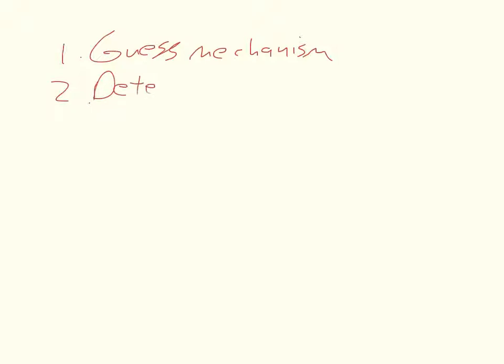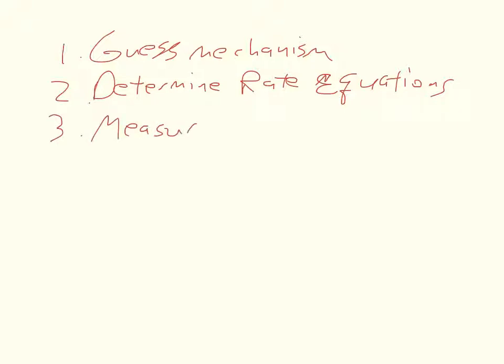And so a very simple way to test a mechanism, and let me just write this out here, is to guess a mechanism. So let's guess a mechanism for a reaction that we're interested in. Determine rate equations. So all this we've already done. Similar work, determine rate equations from that mechanism. Then after we have the rate equations, either before or during, we measure the reaction data.